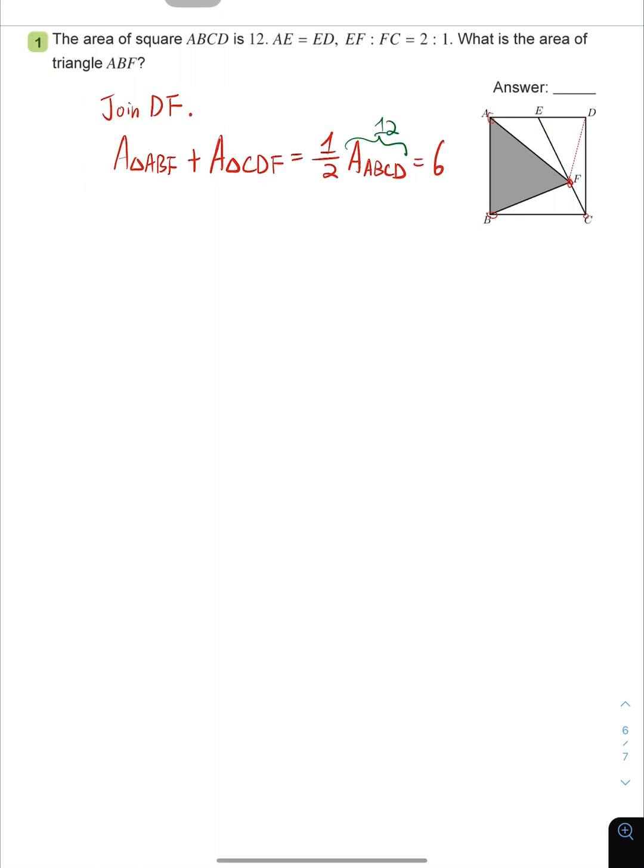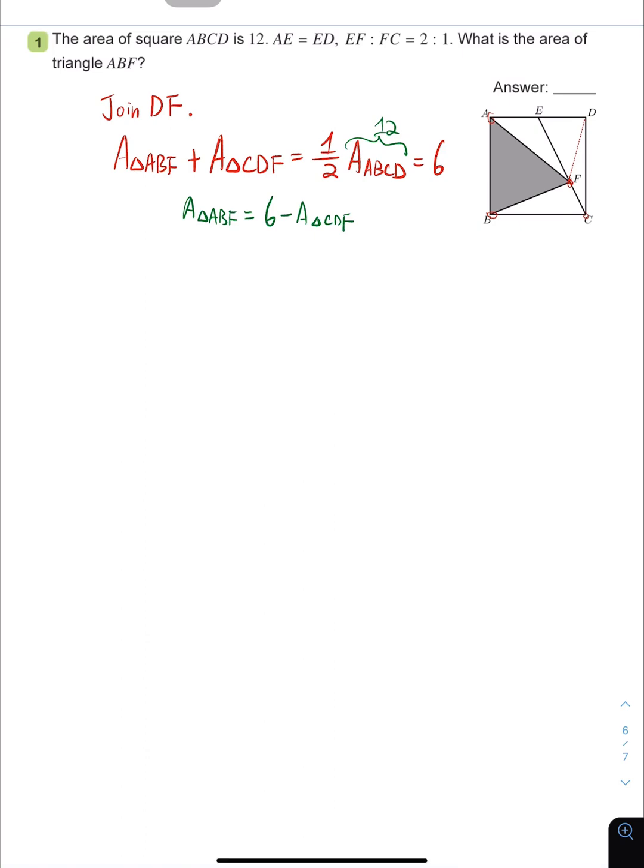So half of 12 is 6. All right, now, in order to find the area of ABF, I need to subtract the area of triangle CDF from 6. Just simply rearranging the terms, of course.